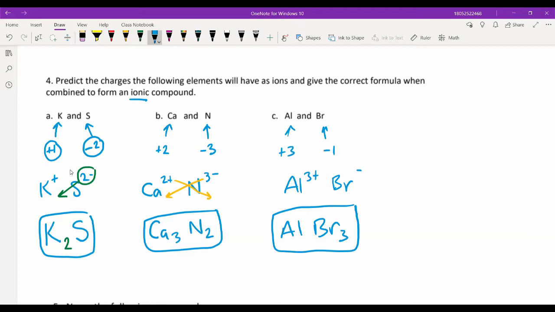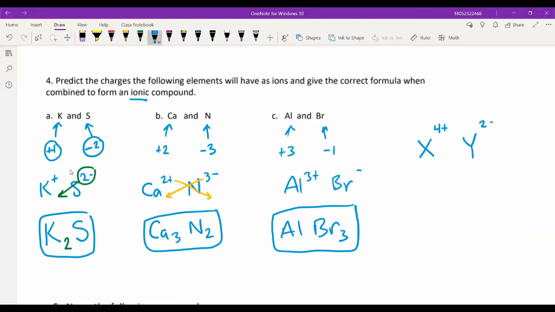Okay, hopefully that makes sense. The only thing I'll mention as a side note here is, let's say you ended up with something like a +4 ion, and then something here that's a -2.